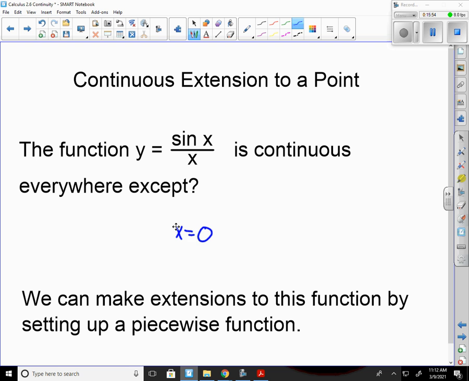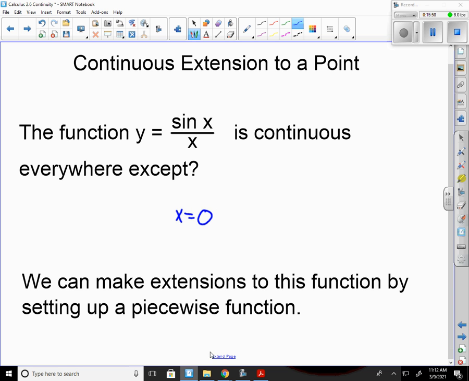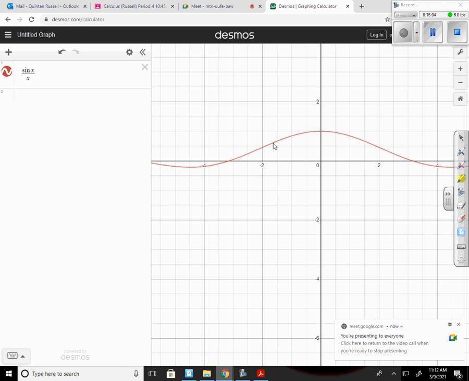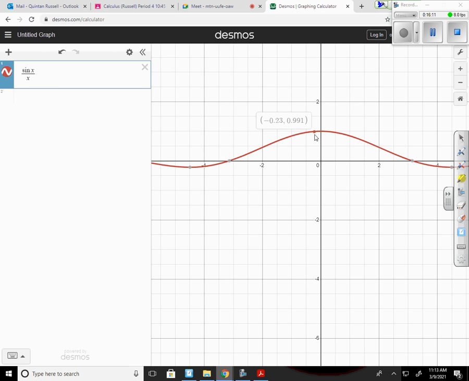What that's saying is, if I look at my graph of what sine of x over x looks like, I can see that if I do a trace on it, as my x gets closer and closer to 0, my y gets closer and closer to 1.